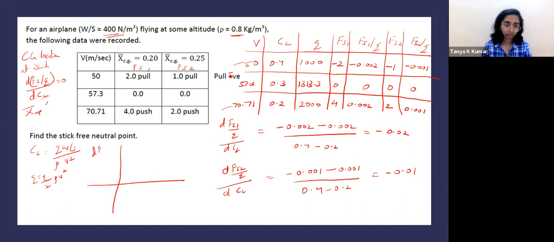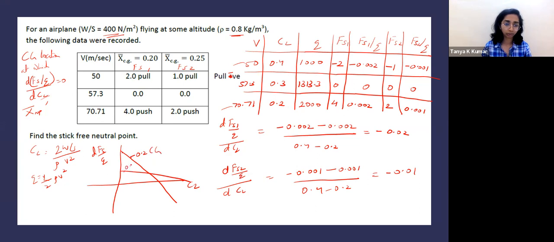So what we see here, let's just draw this graph. This is dFS by Q and this is CL. So for the first case, you have something like this. The second case, you have something like this. Right? So this is for 0.2 CG.